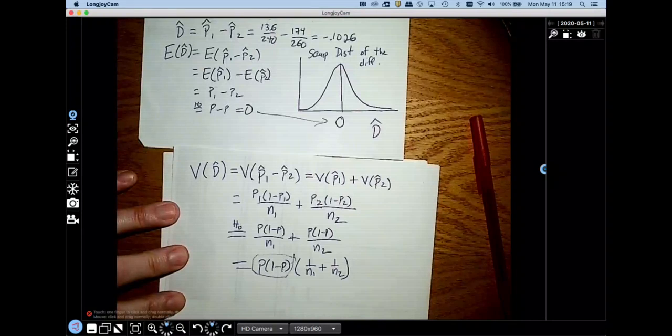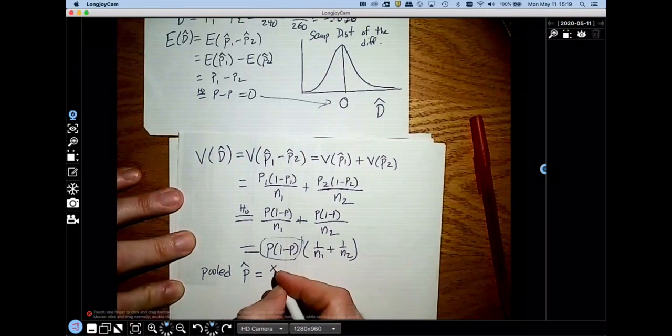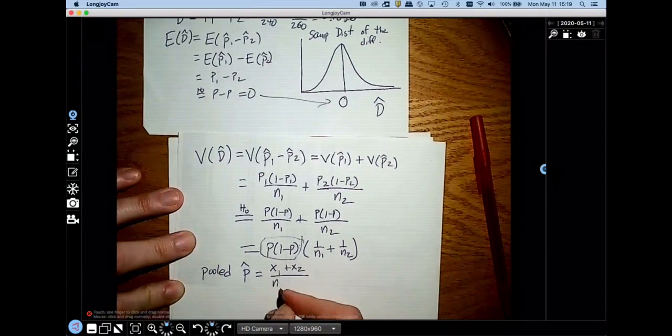Now we do one more thing: we estimate a pooled proportion. Under the null hypothesis, the proportions are the same. So we're going to make a pooled estimate of p, which I'm going to call p hat, which in our case is just the number of yeses from group 1 plus the number of yeses in group 2 divided by the total sample size.